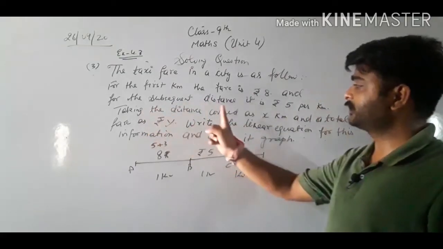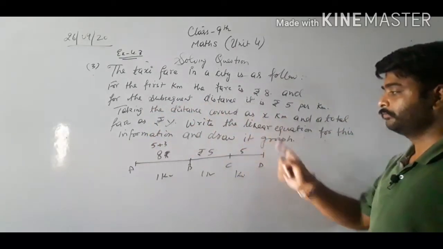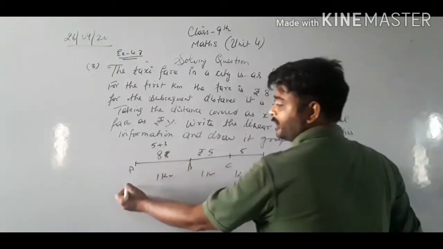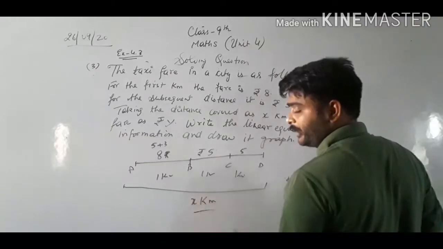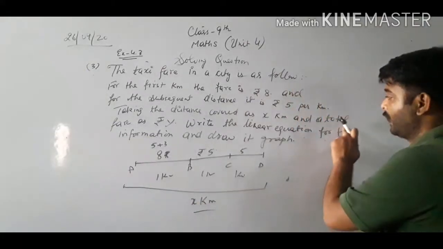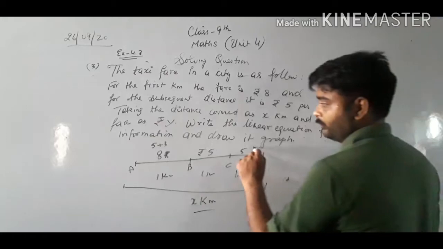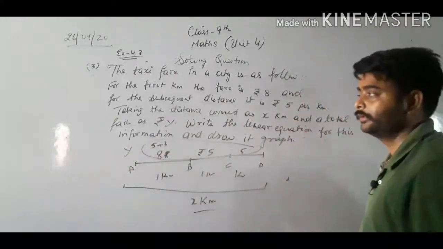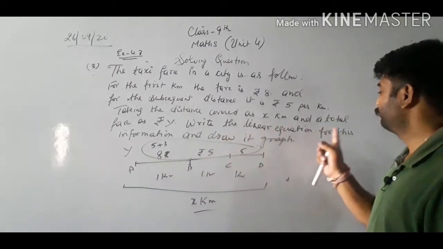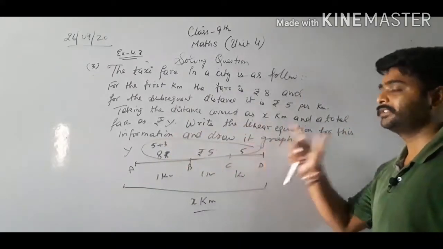Taking the distance covered as x kilometer. For example, a car starts from here and comes to here with x kilometer. We don't know how many kilometers they traveled. And the total fare, this amount, to be y. Total amount कितना हो गया ना? So write the linear equation for this information and draw its graph.